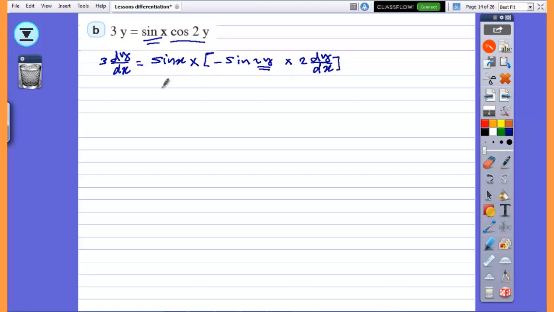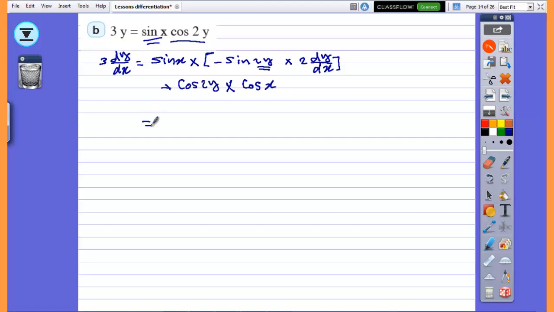plus the second, cos 2y, the second function of course, multiplied by the derivative of the first. The derivative of sin x is cos x.